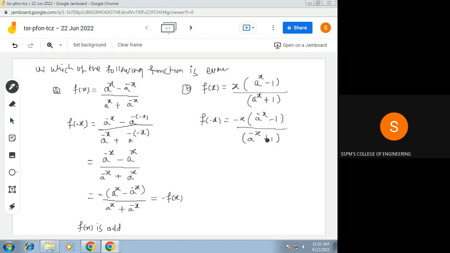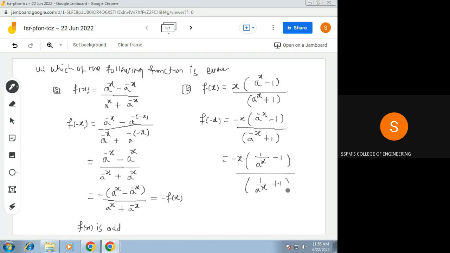Are you getting the same function as the given function? No. You try to simplify and then check whether it is similar or not. Minus x times e raised to minus x means 1 by e raised to x, so minus 1 upon, written in the form of fractions, 1 by e raised to x plus 1.